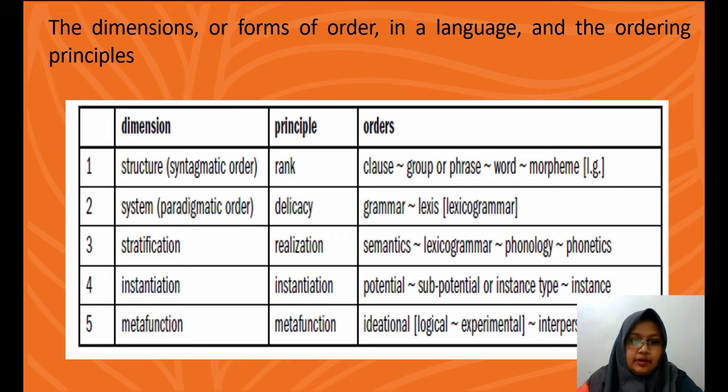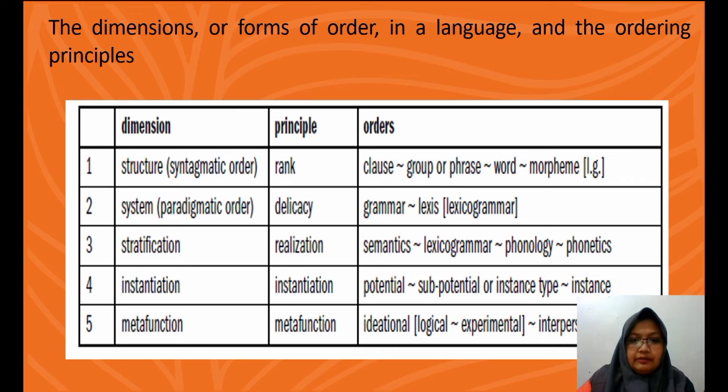Number four, the dimension of instantiation: the principle is instantiation, and the orders are potential, subpotential or instance type, and then instance. The last one is metafunction.